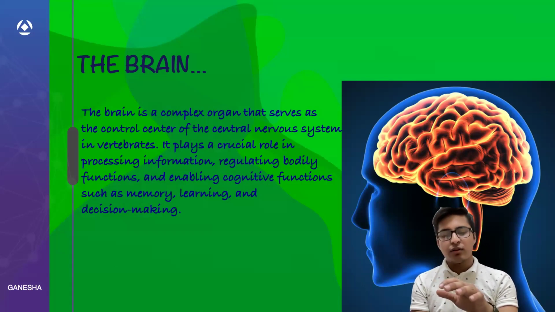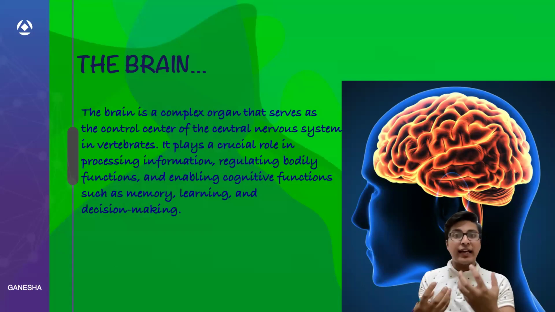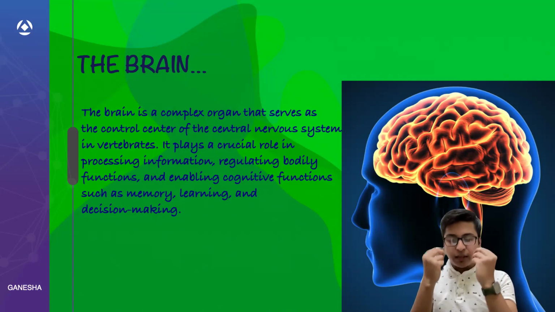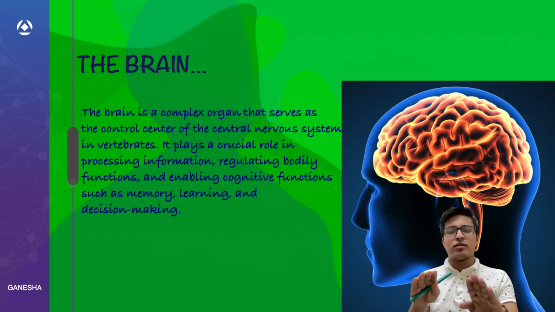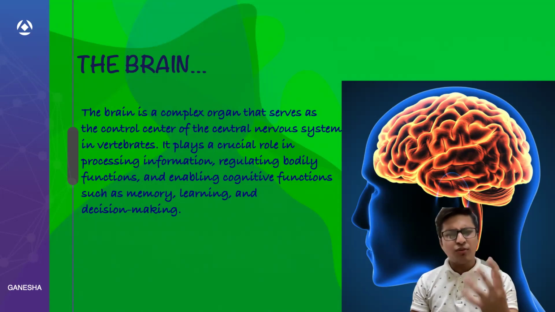Any kind of action you are going through, I am teaching, it is basically my brain signaling when to move my hand, when to speak, when to move my tongue, when to move my lips, when to blink my eye, when to breathe. Each and every instruction is instructed by the brain. That's all we need to sum up about the brain. We don't need to go into great details about it.